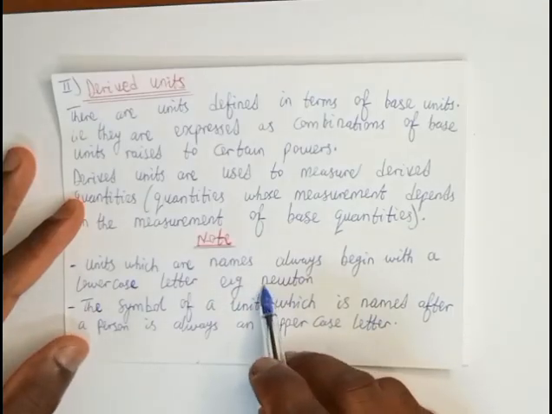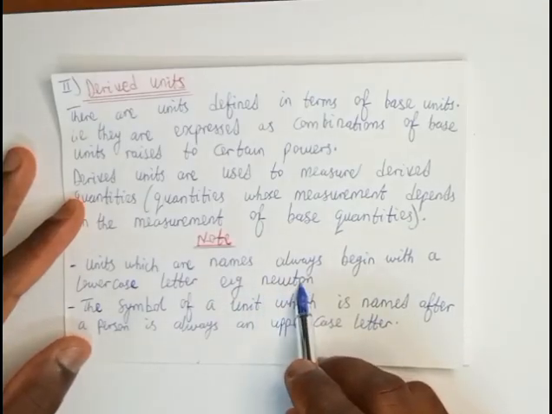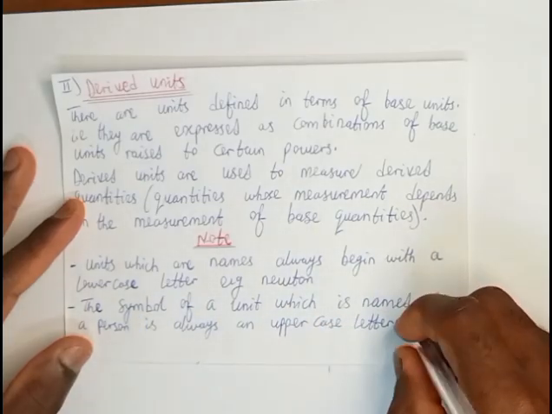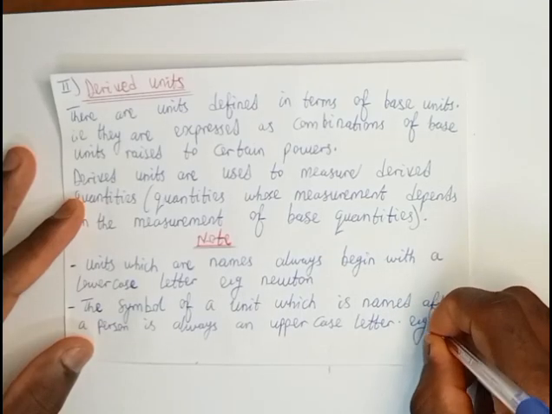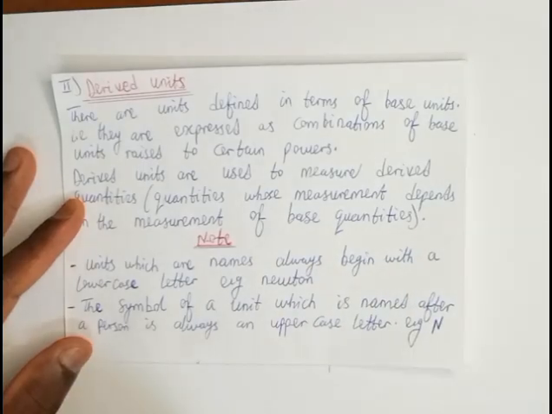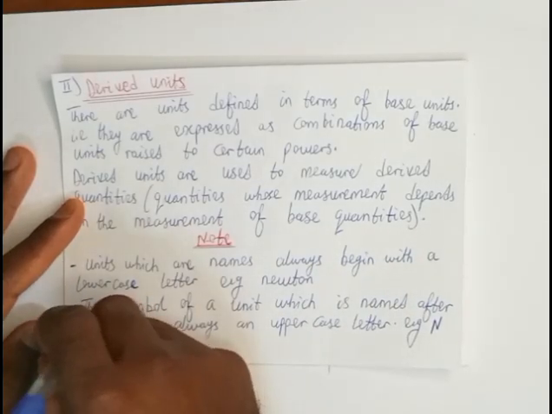Okay, take for example like the newton, representing it as a symbol, we make use of capital N, uppercase N. We take the next hyphen.